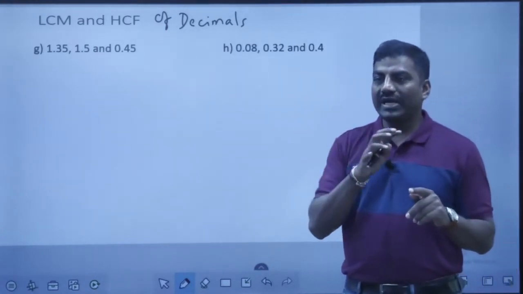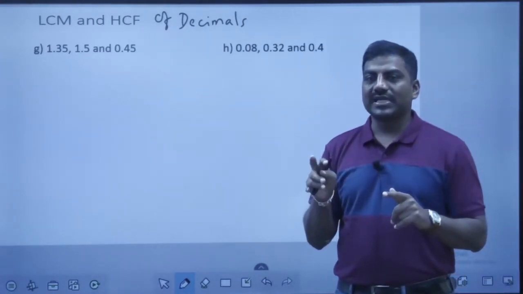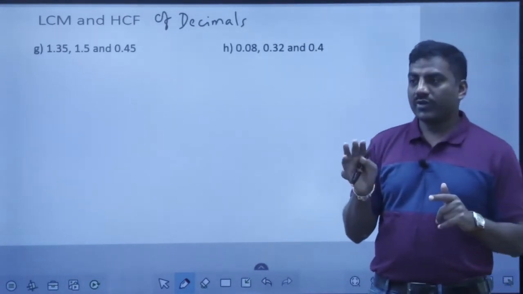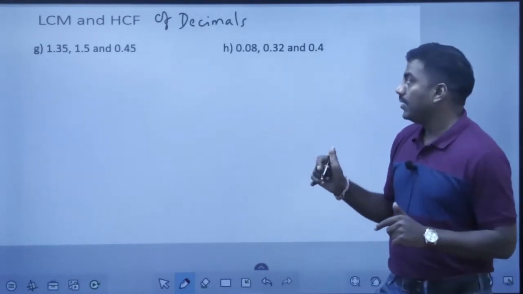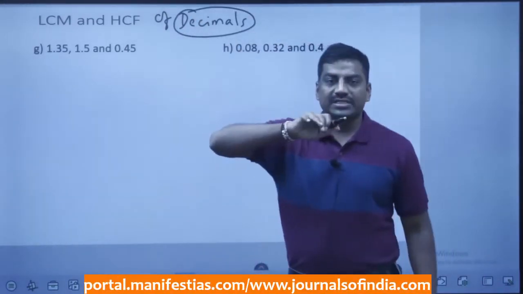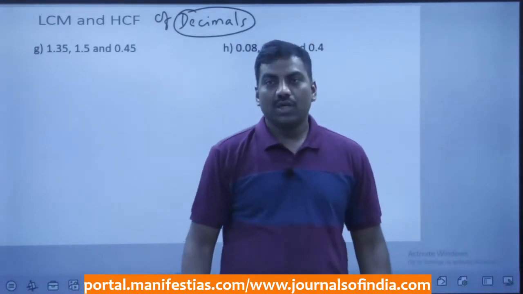Because 2 can be expressed as 2 by 1. That is a fraction. 2 can be expressed as 2.0. That's a decimal. So we have to understand this fact. Now, in decimals, for example, while you are doing the multiplication of decimals, what did you do?